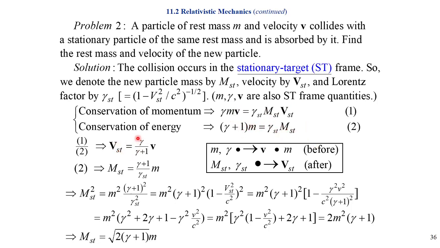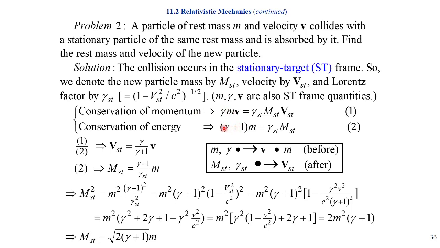So V_st equals (gamma plus 1) times V. M_st is unknown, gamma is known. Okay, so the only two unknowns are these. So equation 1 over equation 2 gives us V_st.